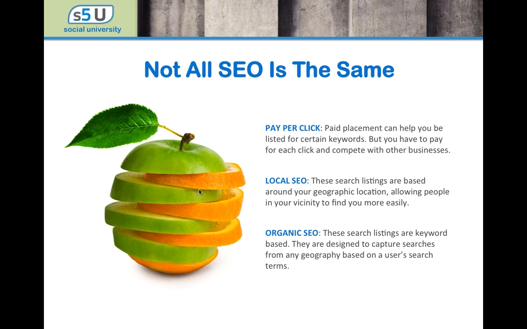Any of those things, we may want to be found, and we'll pay to have our listing appear at the very top. There's a lot of competition that goes into something like that, and sometimes it can be expensive, sometimes not.